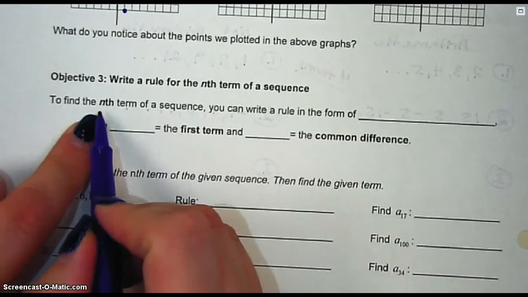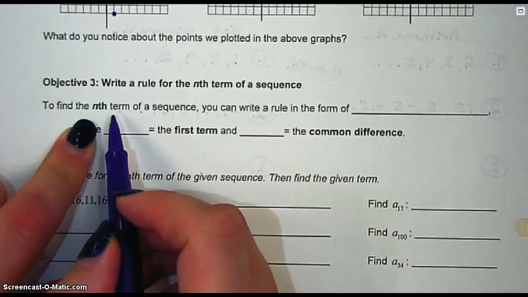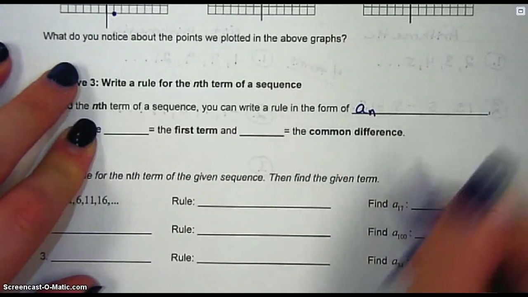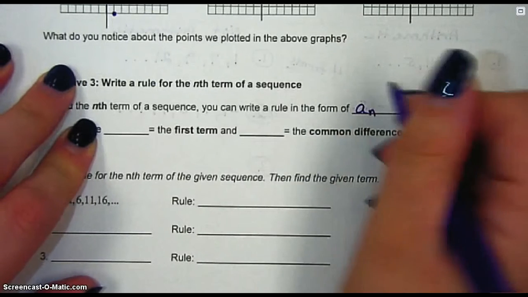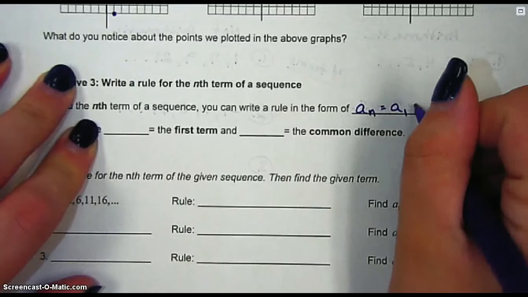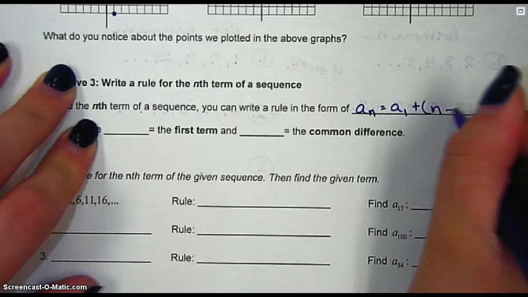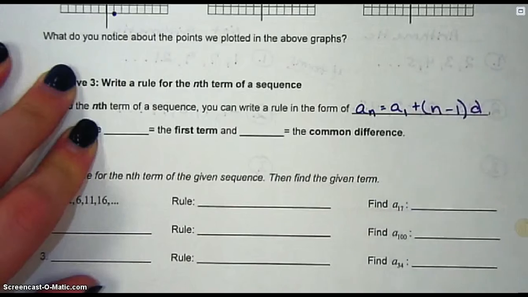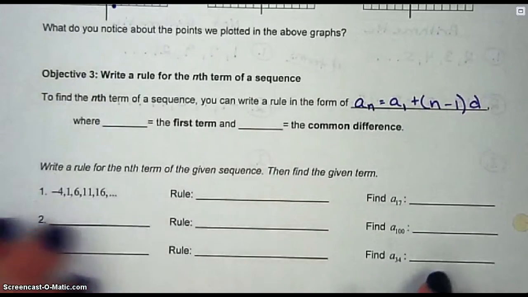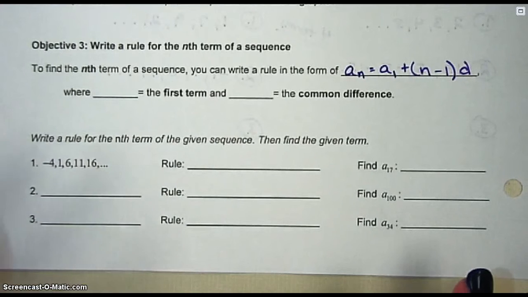So to find the nth term of a sequence, you can write the rule in the form of a sub n equals a sub 1 plus n minus 1 times d. Now, the good news is I'm not going to make you memorize that formula, but you do need to know what they mean.